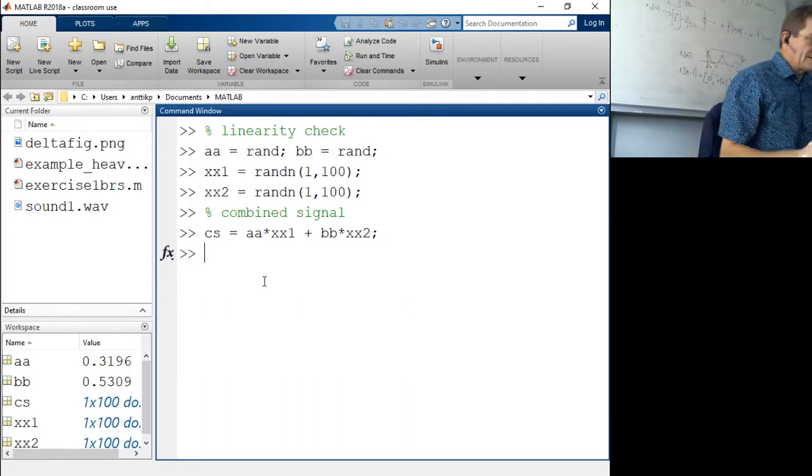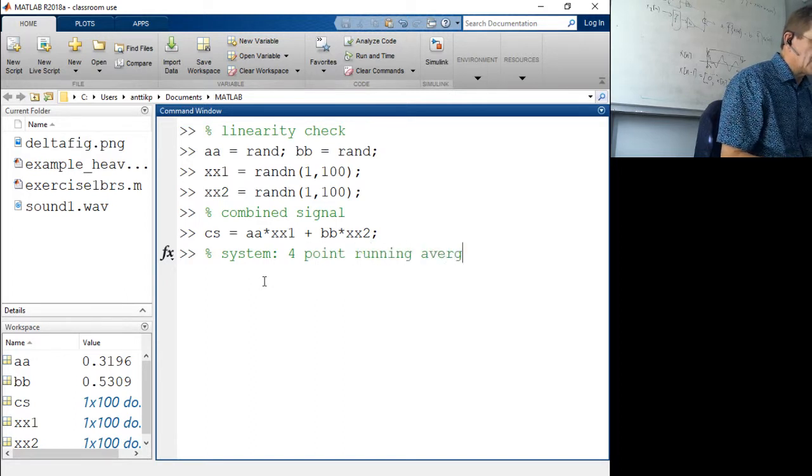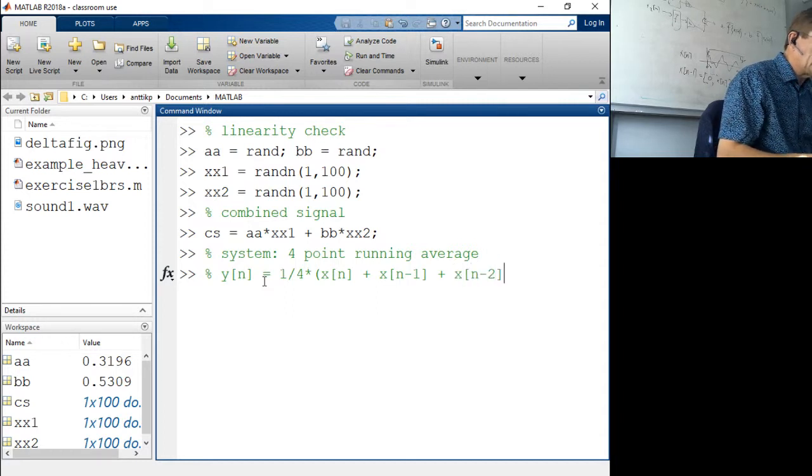So the combined signal, we feed it through the system, which is the 4-point running average. And that one is y of n equals 1 over 4 times x of n plus x of n minus 1 plus x of n minus 2 plus x of n minus 3.